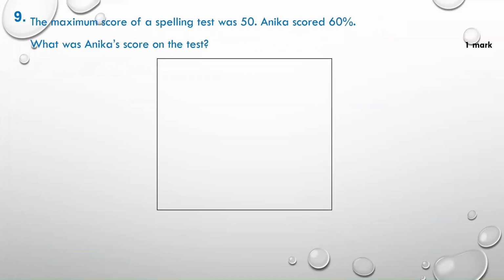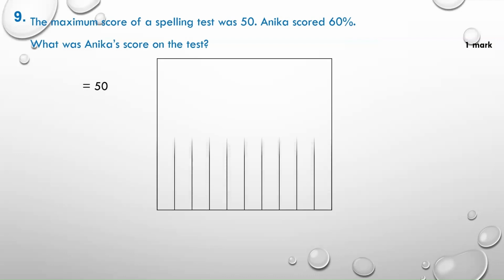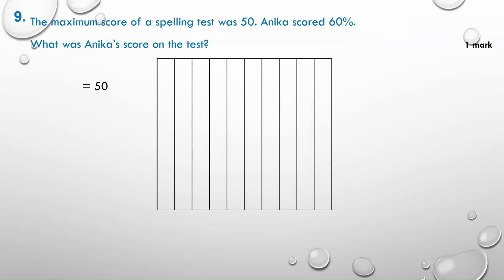We could picture it as the whole entire test is worth 50 marks. So let's write that. And let's say we split it into 10. 1, 2, 3, 4, 5, 6, 7, 8, 9, 10. Right? So it's still, the whole thing is 50, but we've split it into 10 columns.